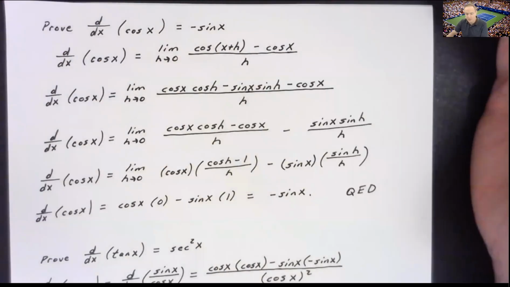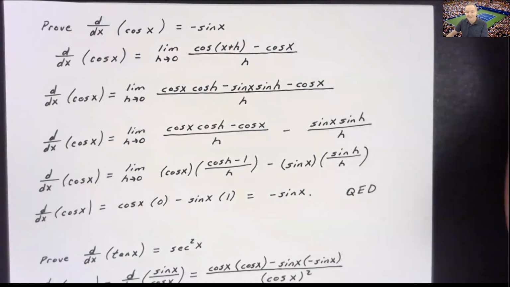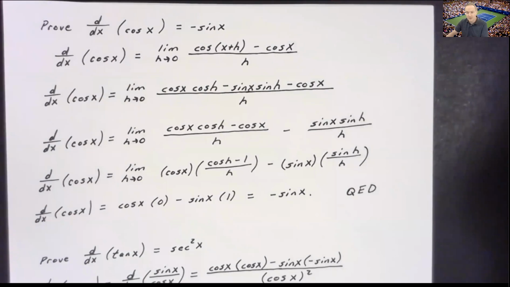They're going to be the long proofs. Then after I establish, using the limit definition of a derivative, that derivative of sine is cosine and derivative of cosine is negative sine, those 2 ideas can become axiomatic. It means I can use those facts in any further proofs.